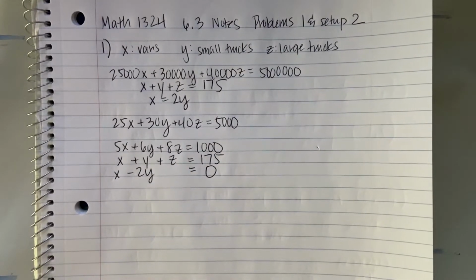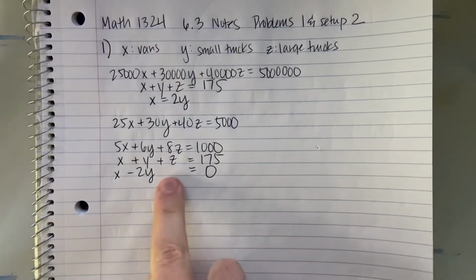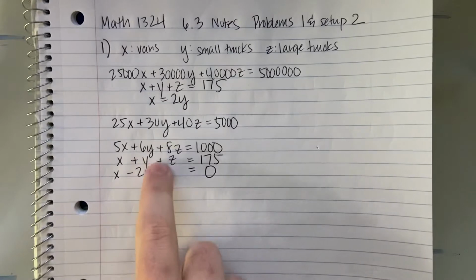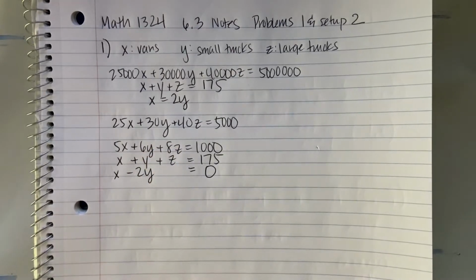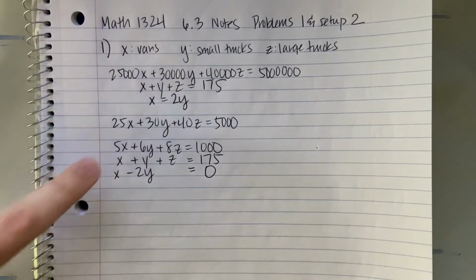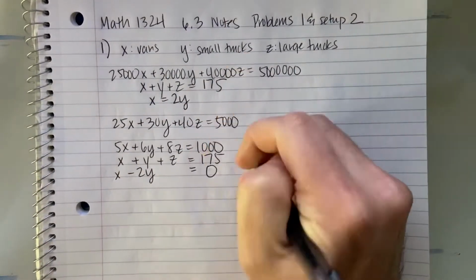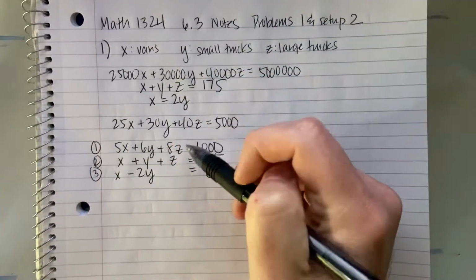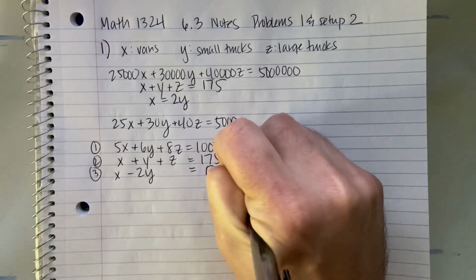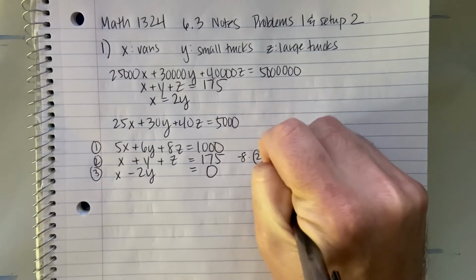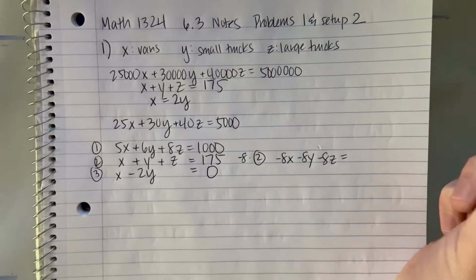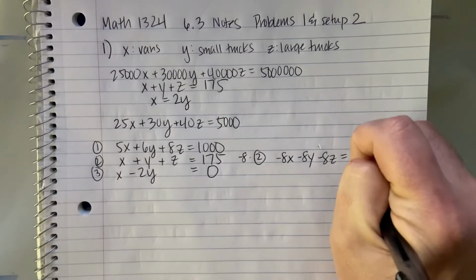This is a system. My suggestion to you is, if there's ever a missing variable, I already have an equation with just x and y. It would be nice if I could get another equation with just x and y. And to do this, I'm going to combine the first two equations, but I'm going to have to multiply equation 2 by -8 so that the z's will cancel. So -8 times 2 is -8x minus 8y minus 8z equals -1,400.